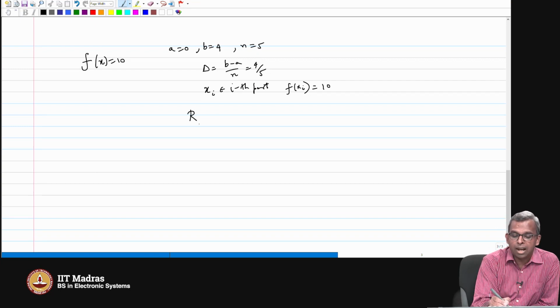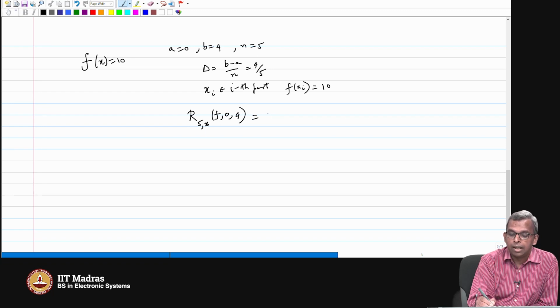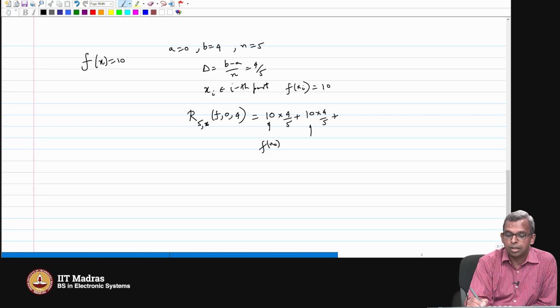So what is my R5 of f comma 0 comma 4? This would just be f of x0, which is 10, times delta, which is 4 by 5, plus again 10 times 4 by 5, right? So this is f of x0, this is f of x1, so on till n is 5.